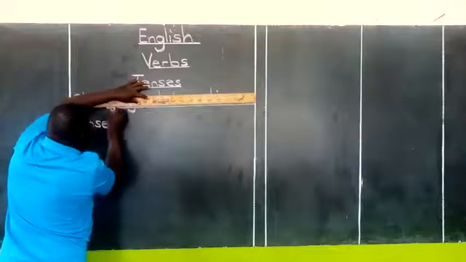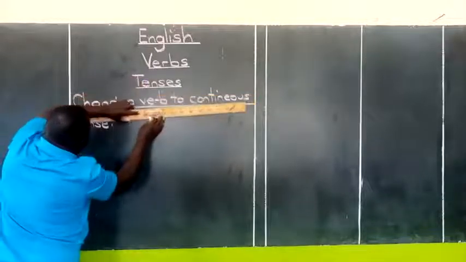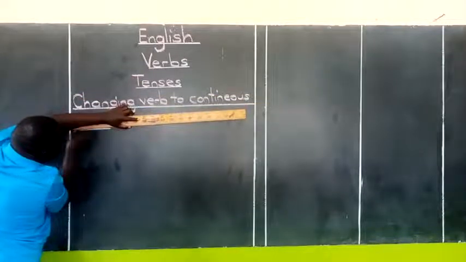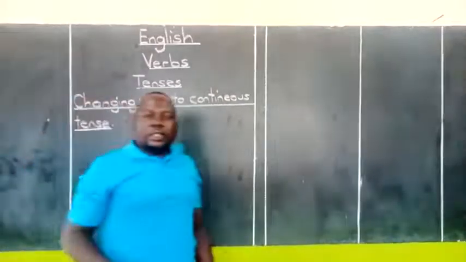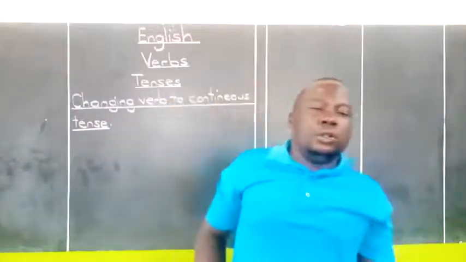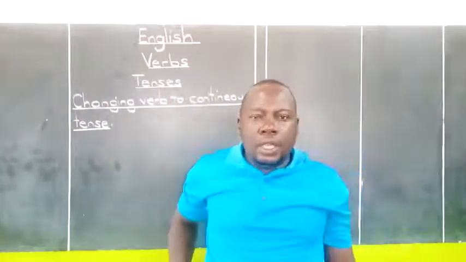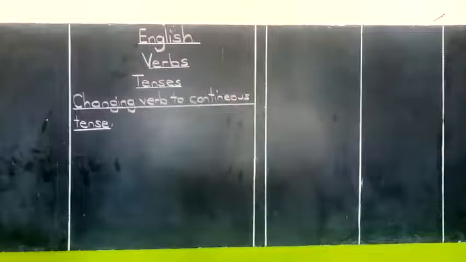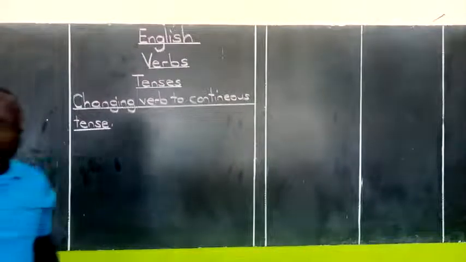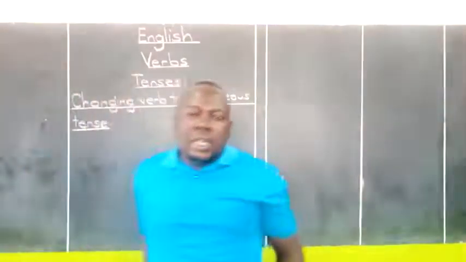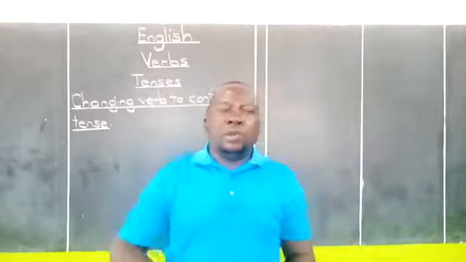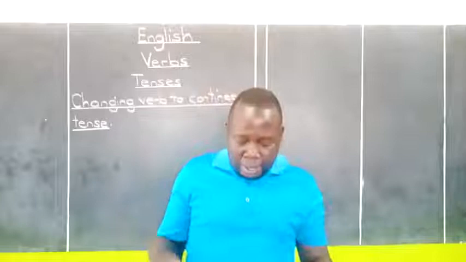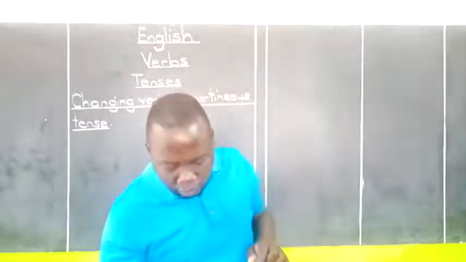The second one was dropping letter E, especially for those verbs that end with letter E. That E is dropped, and then we add ing, or we replace it with ing.